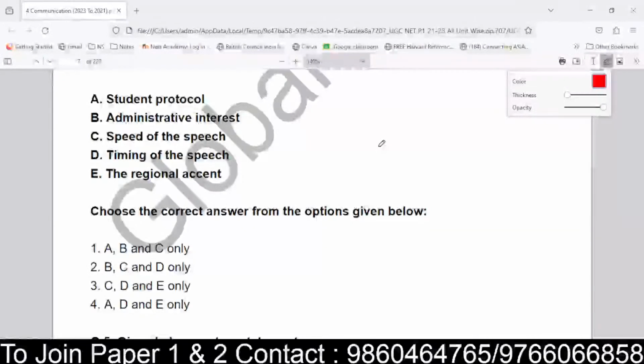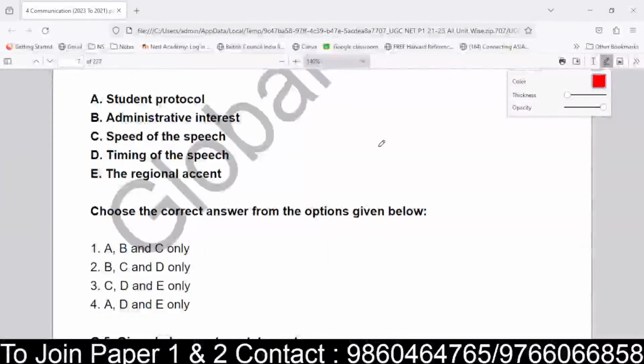So which of these is basically affecting or influencing the listening skills of the students?